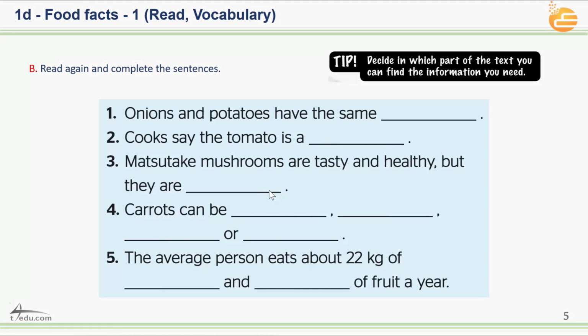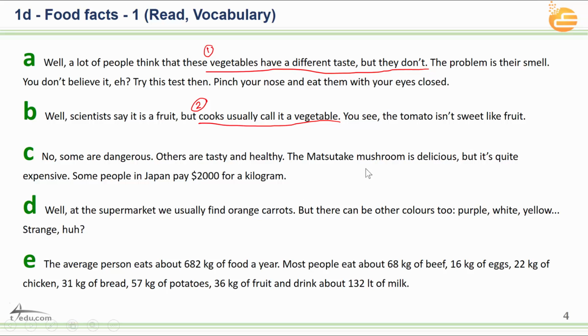Let's take a look at the sentence. Where is it? This one. The matsutake mushroom is delicious, but it is quite expensive. Excellent. So we said this is number three.